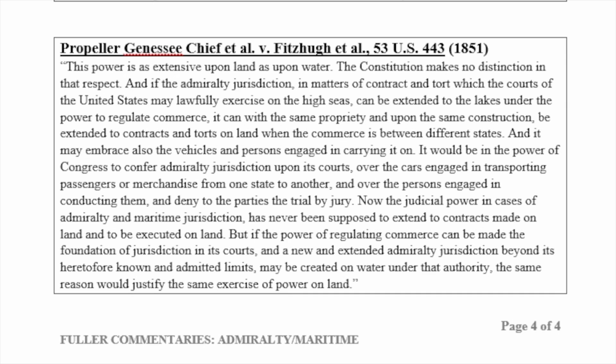Now, the judicial power in cases of Admiralty and Maritime jurisdiction has never been supposed to extend to contracts on land and to be executed on land.